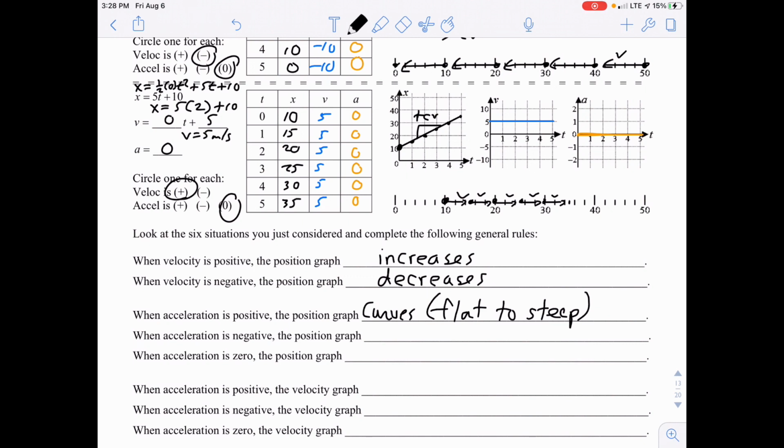When acceleration is negative, the position graph curves again, but this time negative acceleration would be slowing down. So we're looking at steep to flat slopes, exactly the opposite. When acceleration is 0, the position graph is a straight line. It's a straight line up, down, or sideways.